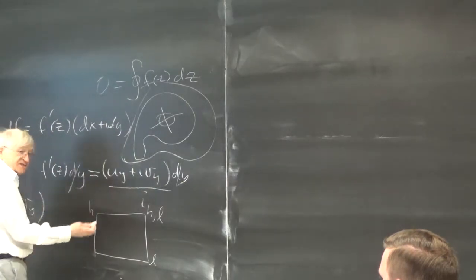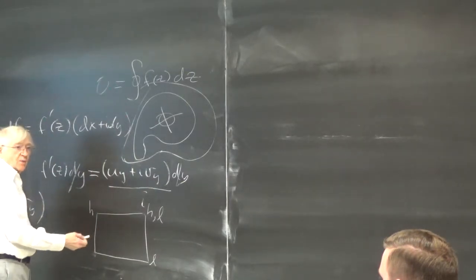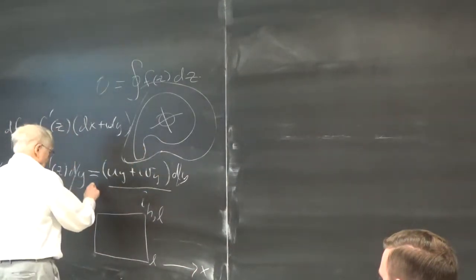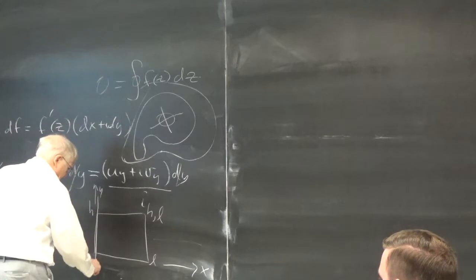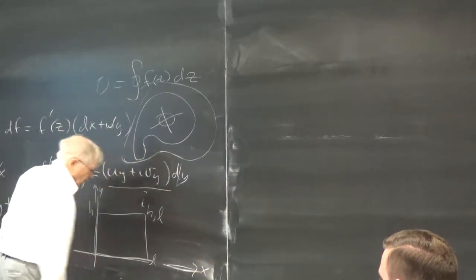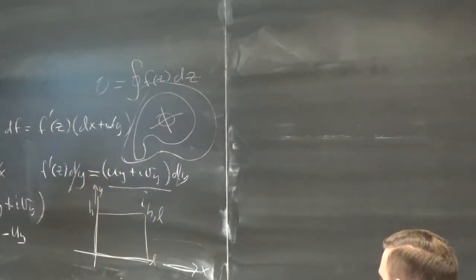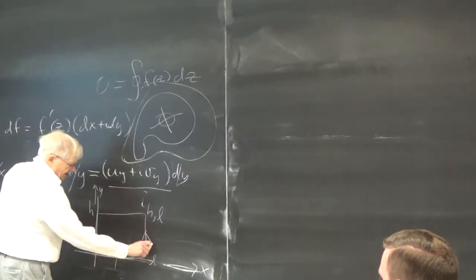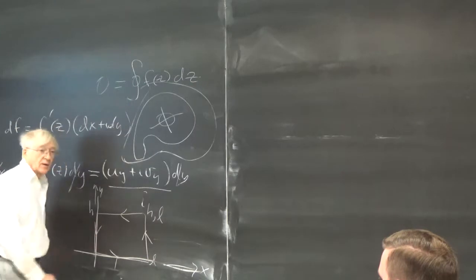You can think of this as the complex z plane or the xy plane. X is going this way, y is going that way, and these are the x and y axes. And so I'm going to compute the integral of an analytic function this way, and then that way.